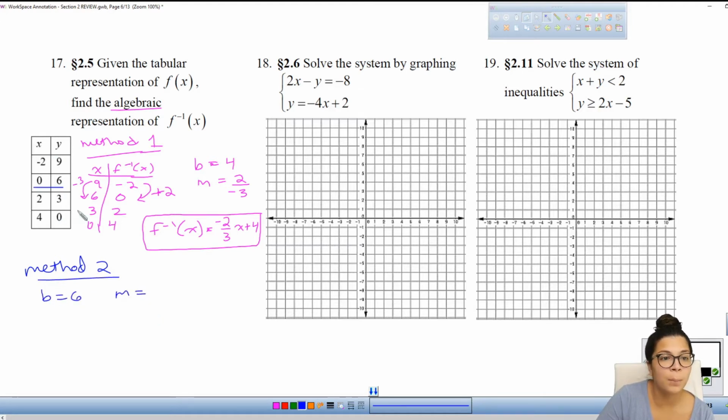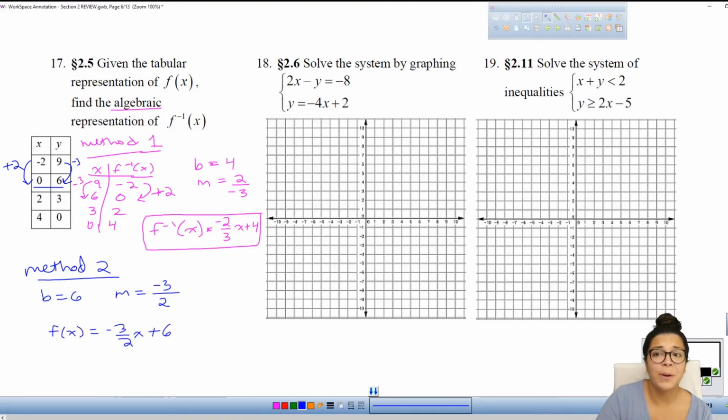And then the slope, if we do the change of the y value, is -3. And the change of the x value is +2. So the slope would be change of the y value -3 over change of the x value +2. So the equation of the original function would be -3/2 x plus 6.